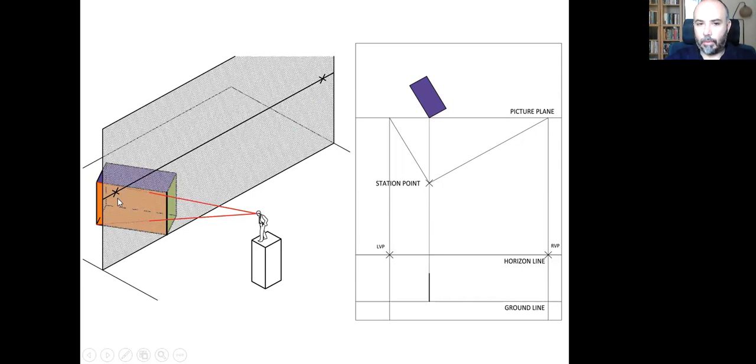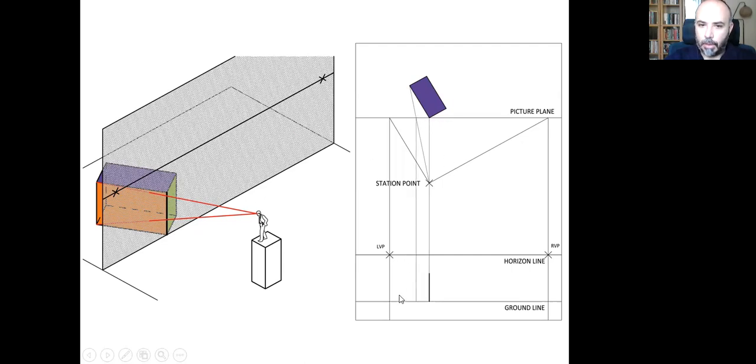So this is what I am doing right now. I am combining the eyesight, the eyes of this man, with this back edge, its two corners. When I do this, in fact, I am combining the lines, the rays, with the man's eye and the back edge of the prism. And I am trying to find the intersection, the lines that intersect with the picture plane here. That's this point here.